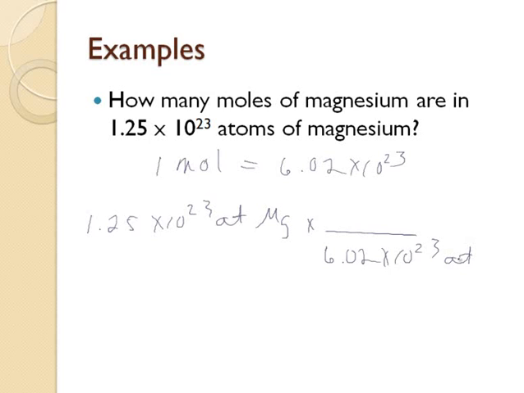Remember, I need to have the same units down here that I have here, is 1 mole of magnesium. My atoms of magnesium will cancel out. And then 1.25 times 10 to the 23rd divided by 6.02 times 10 to the 23rd, and I get 0.208 moles of magnesium. 3 sig figs, just like the given.